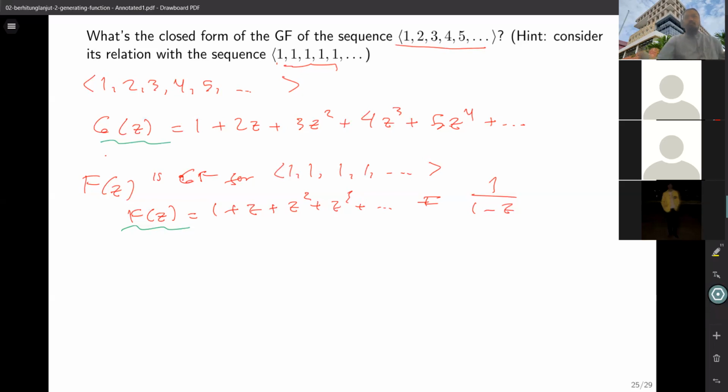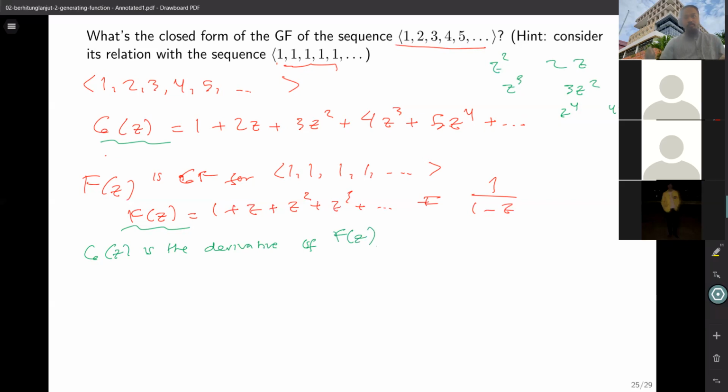What is the relationship between z squared and 2z? Also z cubed and 3z squared. Z to the power of 4 and 4z cubed. The derivative, yes, exactly. That's the derivative. So it turns out that G(z) is the derivative of F(z), right?